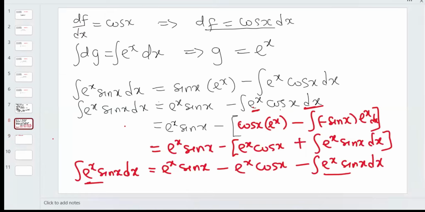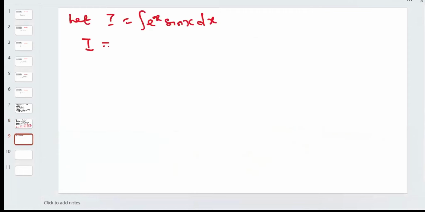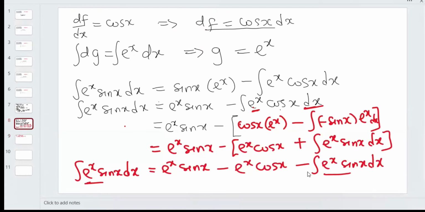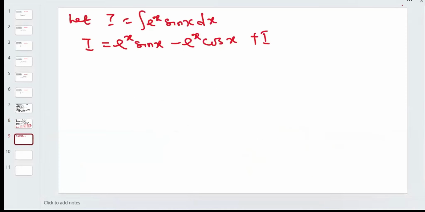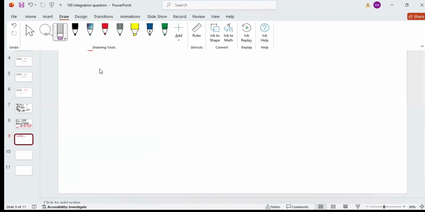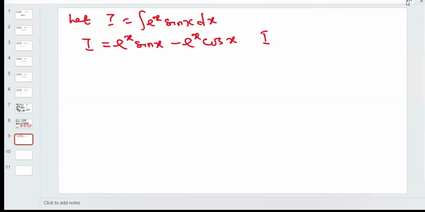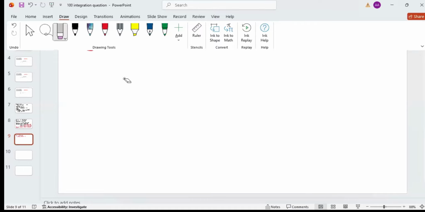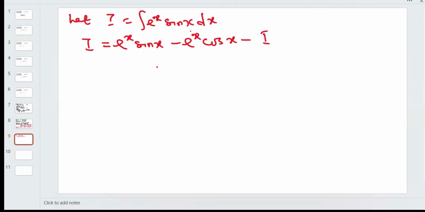So going back to this, I is exponential x sine x minus exponential x cos x plus I. I mean, that should be minus I rather, sorry. So let's change this to negative I. If we refer to what we've been solving from the start, this is negative I. So I'm just going to collect my like terms.